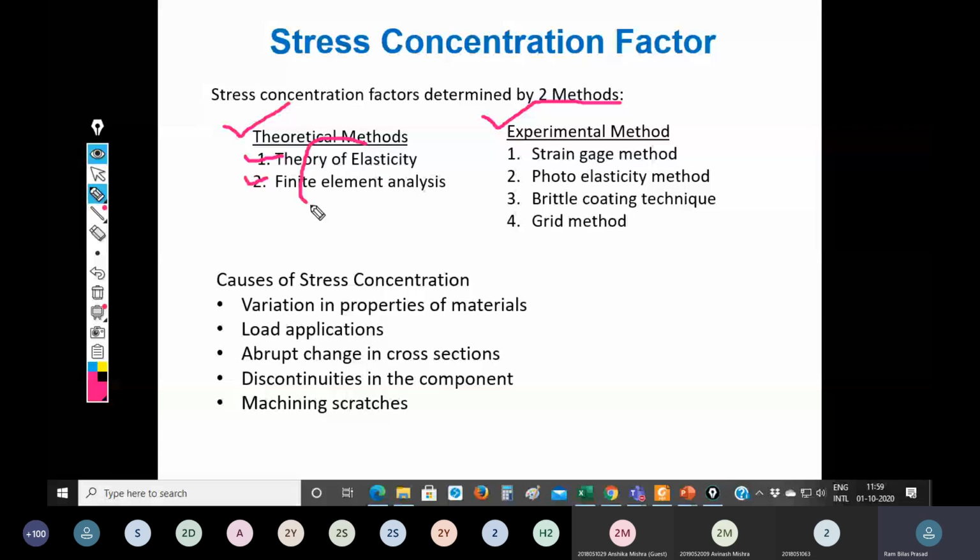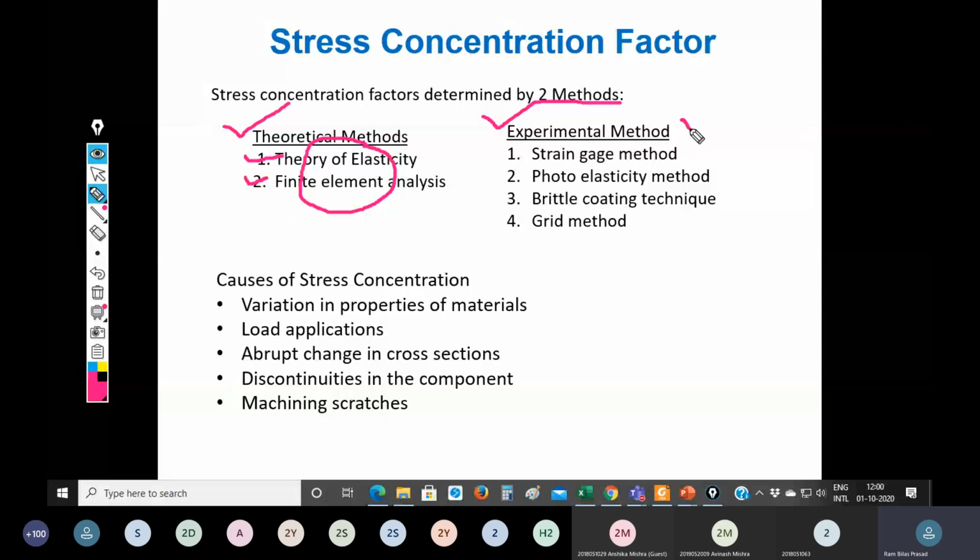So obviously here your main aim is to remember there are two methods to determine the stress concentration factor. The first is the theoretical method, which can be done with the help of theory of elasticity and then with the help of finite element analysis.